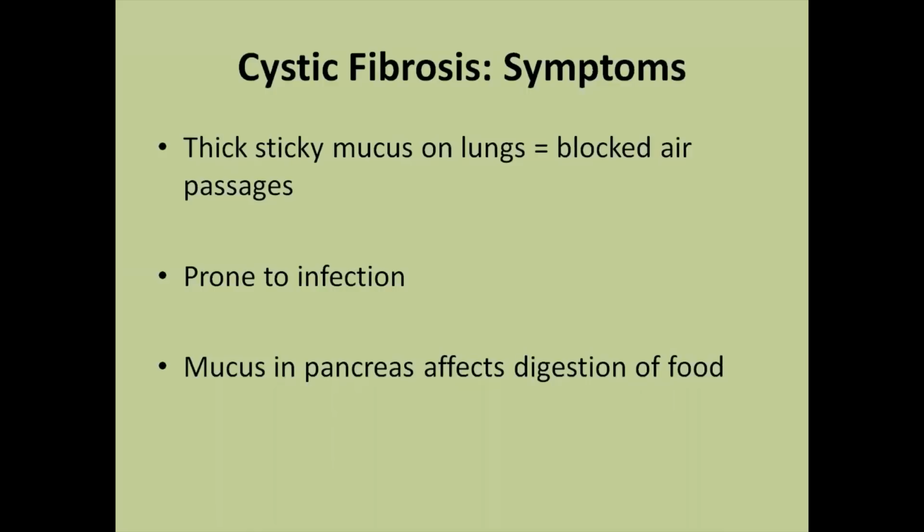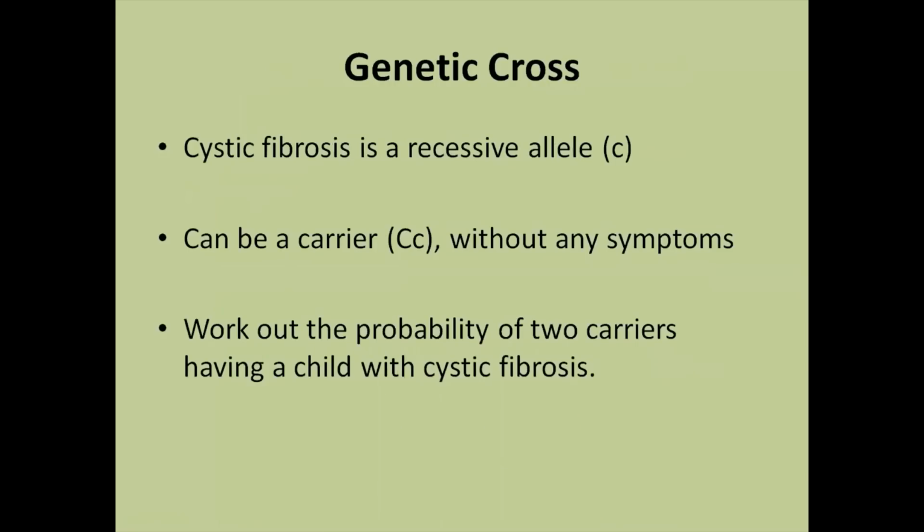A person with alleles capital C and small c is a carrier of cystic fibrosis. The symptoms of cystic fibrosis are thick, sticky mucus on lungs with blocked air passages, being prone to infection, and mucus in the pancreas affecting digestion of food. Work out the probability of two carriers having a child with cystic fibrosis.